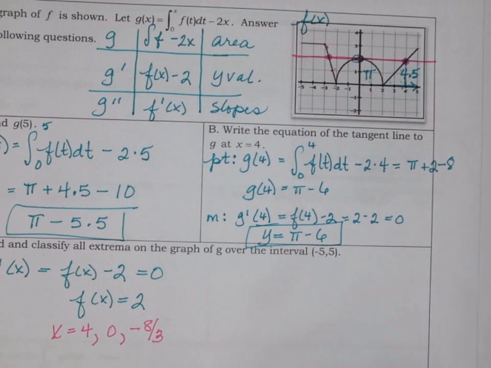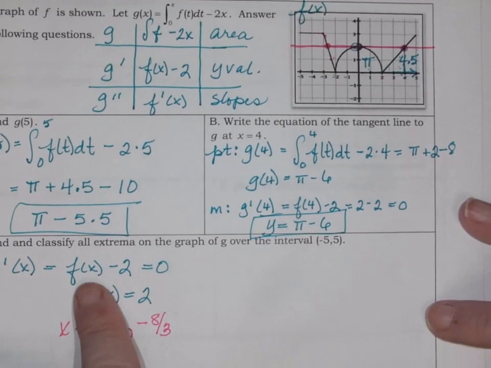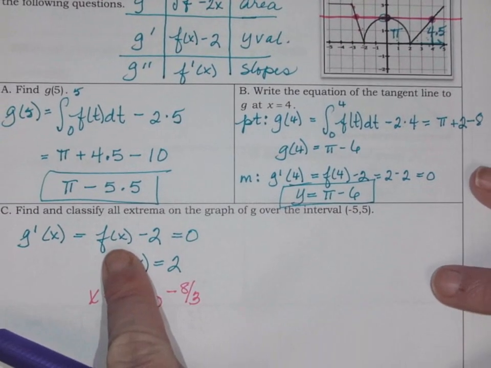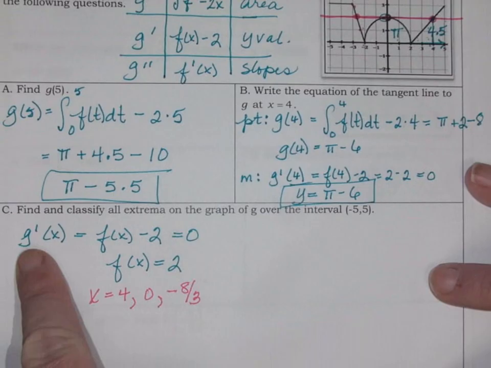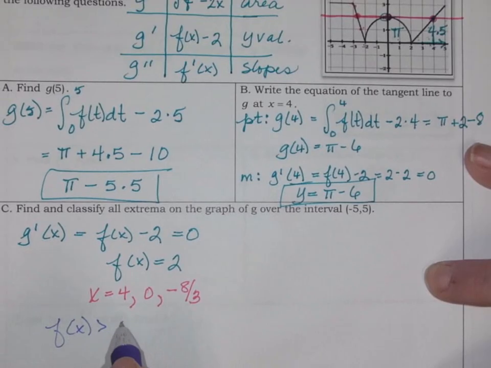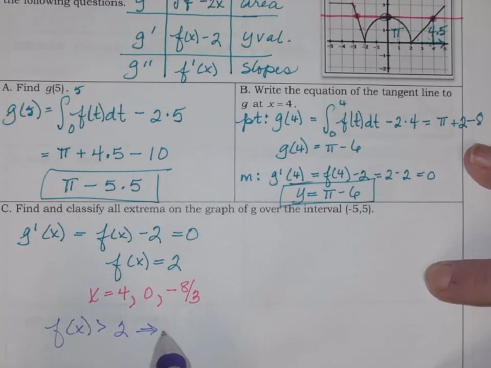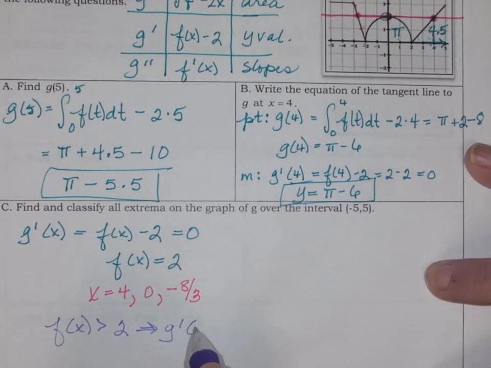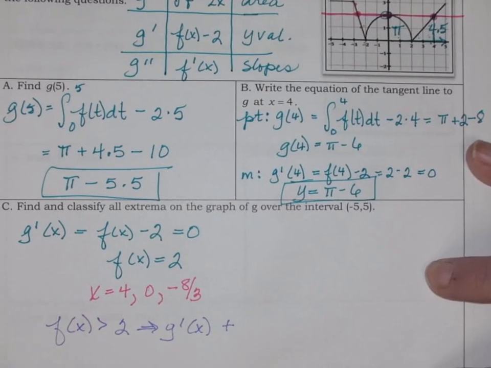Okay, so let's see if we look at this. If f is greater, then G prime is going to be positive. So when f(x) is greater than 2, g'(x) is positive.